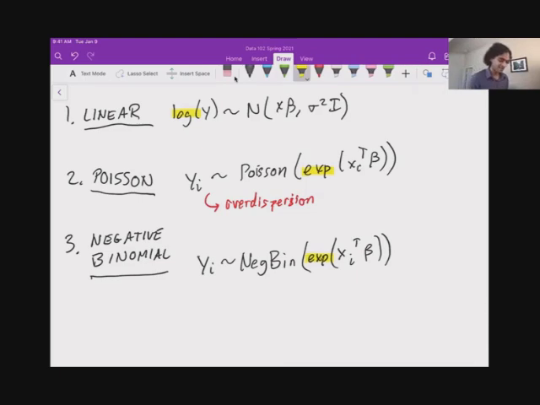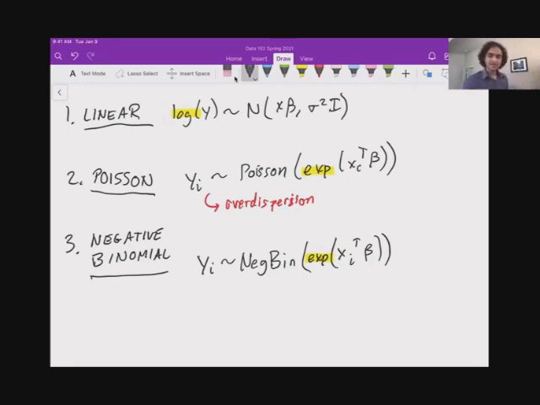You can imagine taking the exp of both sides of the top equation, or taking the log of both sides of the last two, and you get something similar. So in both cases we're assuming this exponential thing, and we also saw that there's this multiplicative effect, right? If beta has some value, that tells you that if x increases by this amount, then y gets multiplied by e to that amount.